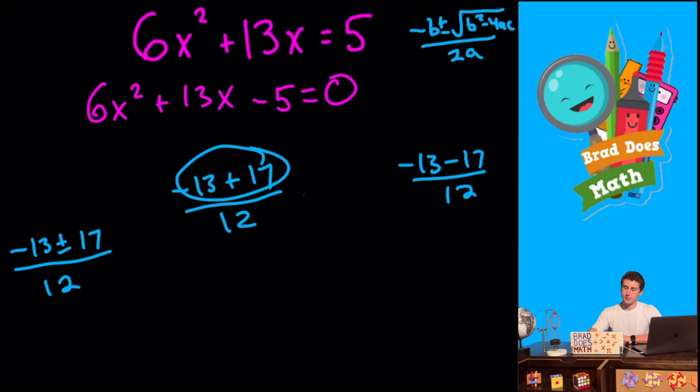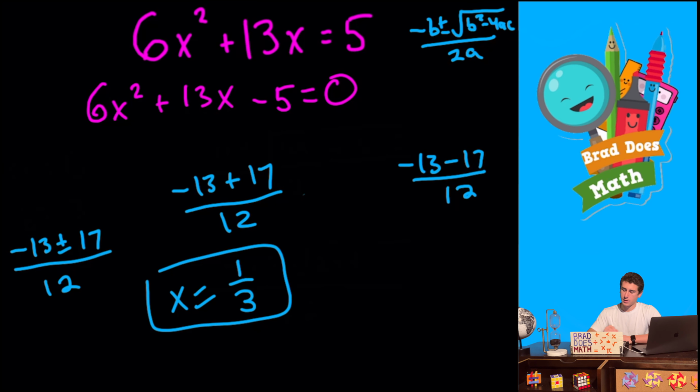Okay, negative 13 plus 17 is 4, and 4 over 12 can be simplified to 1 over 3. So there's our first answer. And then negative 13 minus 17 is negative 30. Negative 30 over 12. We can divide both of those by 6. So negative 5 over 2.